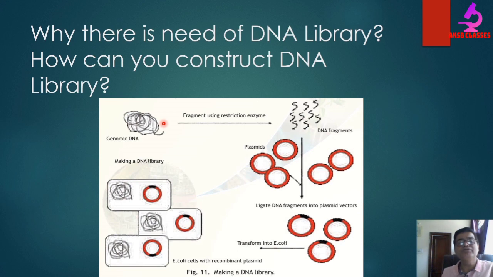If we are going to construct a genomic library, then we keep all the genes, all the parts of the genes of an individual or an organism, multiply them and keep them in storage. But if you are concerned with the functional gene, then we proceed for a cDNA library.